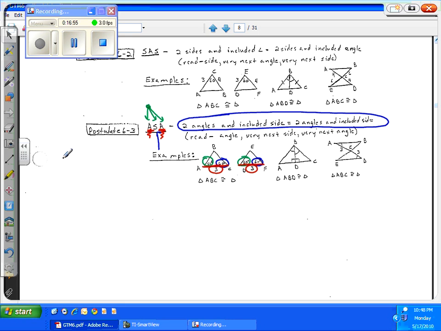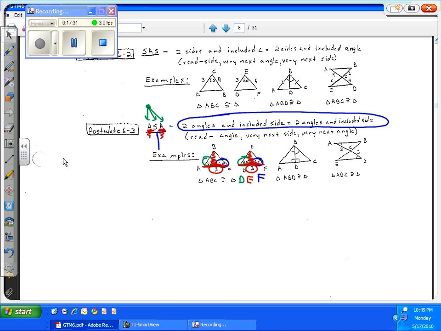Now, angle A was 50, and angle D is 50, so A and D go in the same spot. Angle B is opposite the red side. Angle E is opposite the red side, and so B goes to E. Angle C was 60. Angle F is 60, and so angle C goes with angle F.